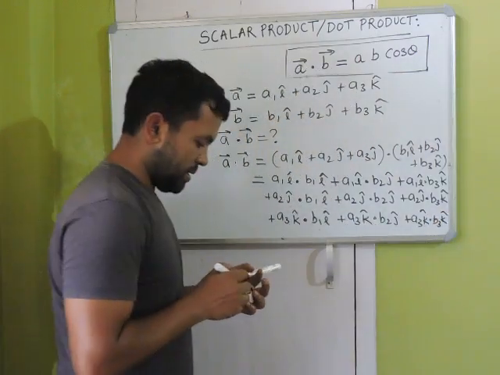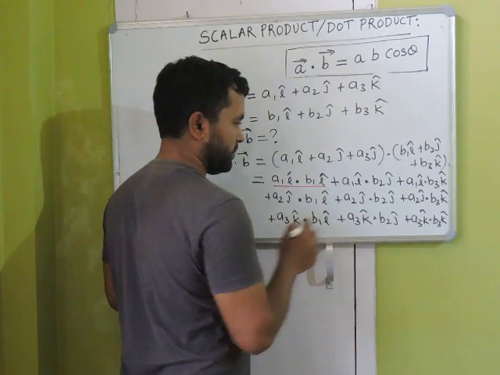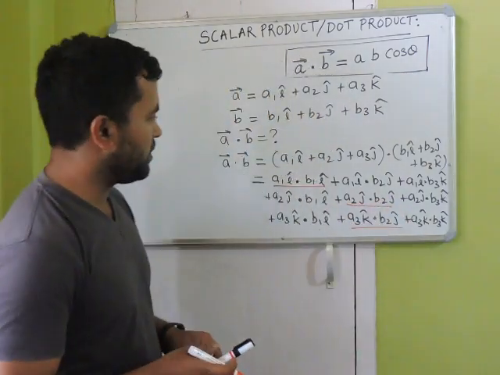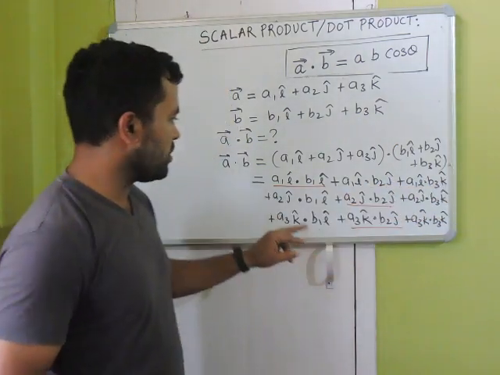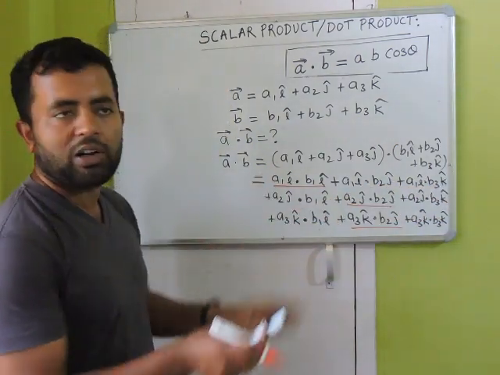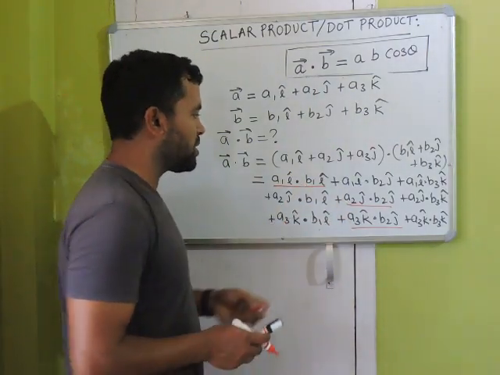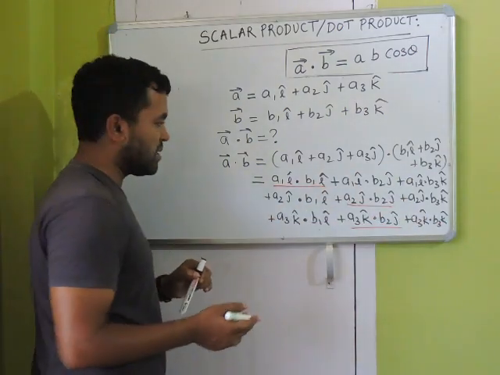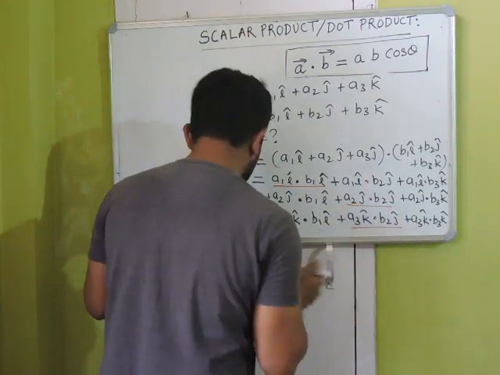Now the part I am marking with red, these components are only going to survive. i dot j will be 0, i dot k will be 0, j dot i will be 0, because they are all perpendicular vectors, right? So only this component is going to survive, and you all know the rest of the combinations will be 0, and i dot i is 1, j dot j is 1, k dot k is 1.